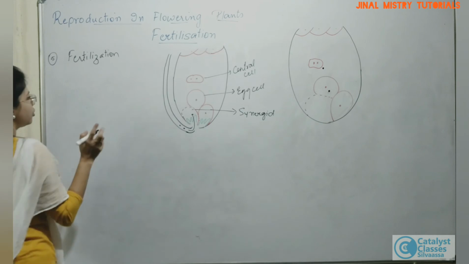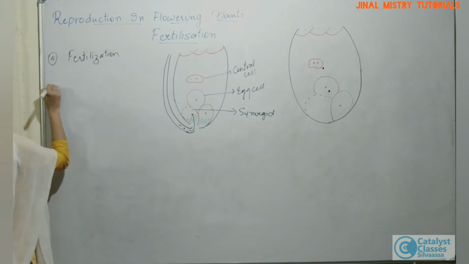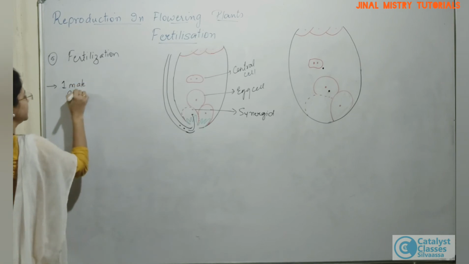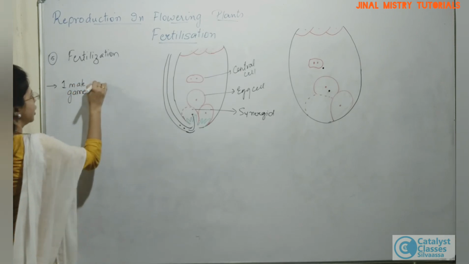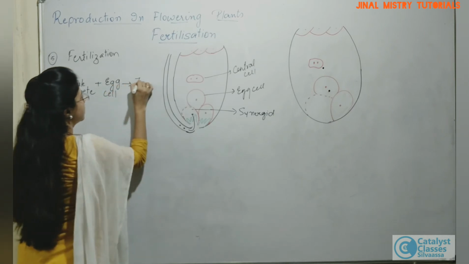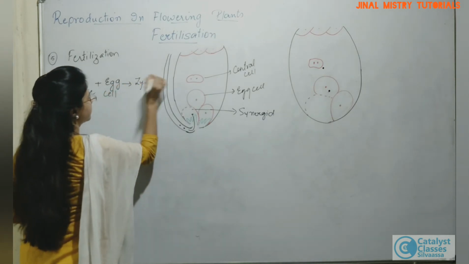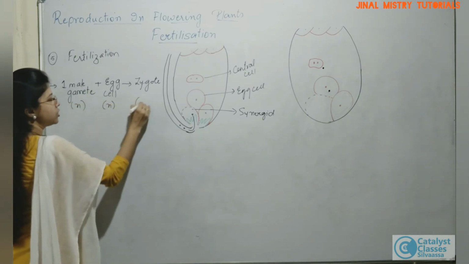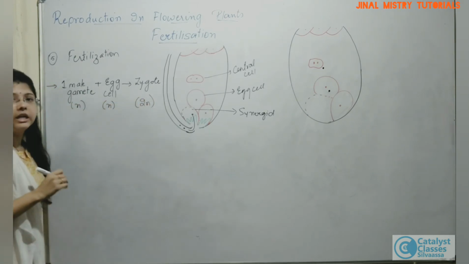So basically two fusions are going to take place. One is one male gamete fuses with the egg cell to form the zygote. Right? Now this male gamete is haploid, the egg cell is also haploid, so the zygote formed will be diploid.